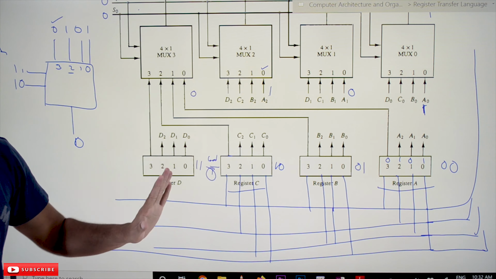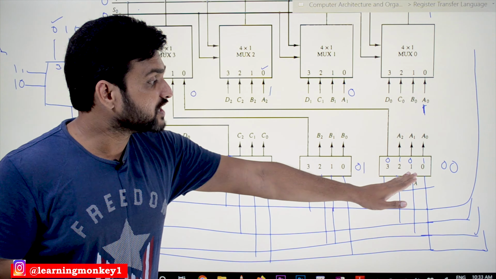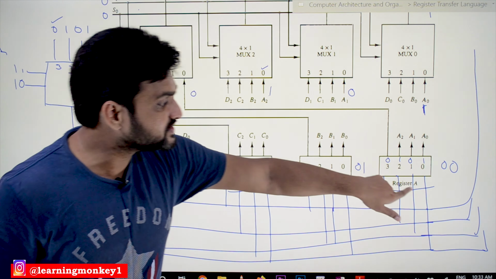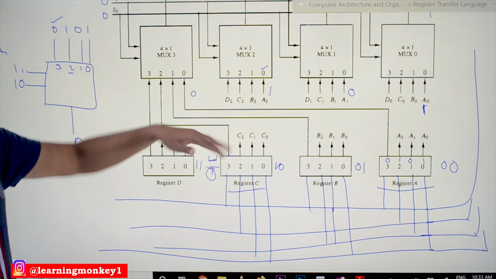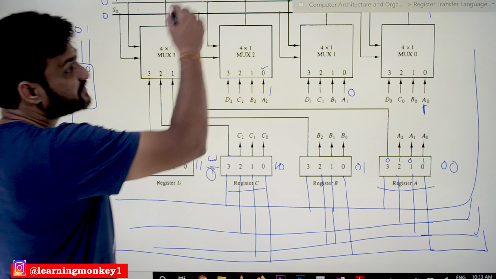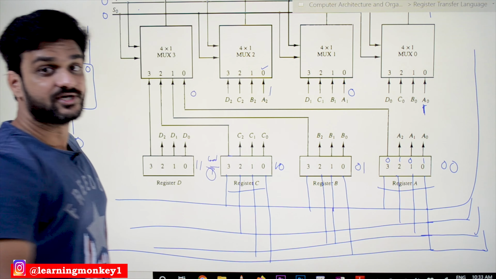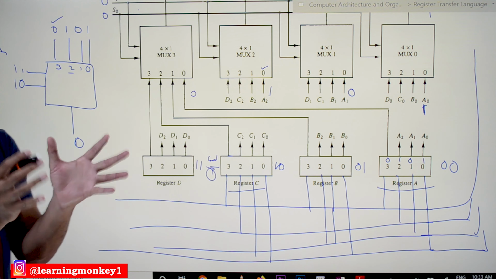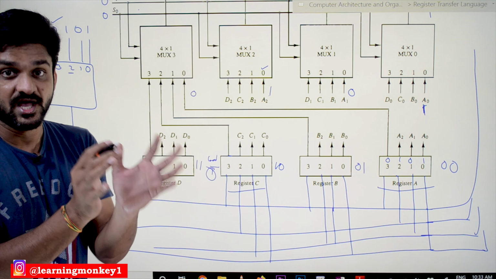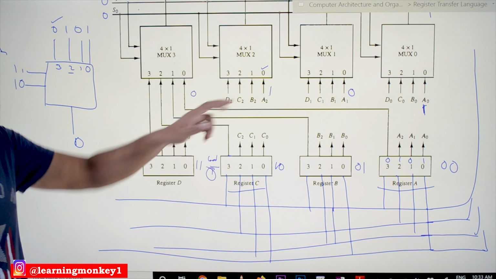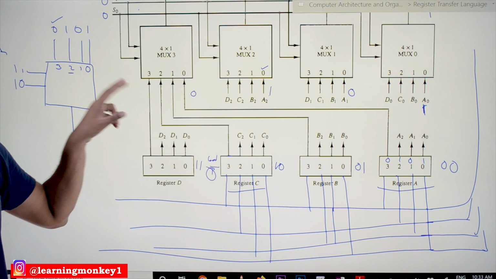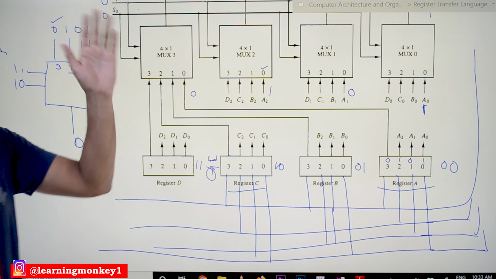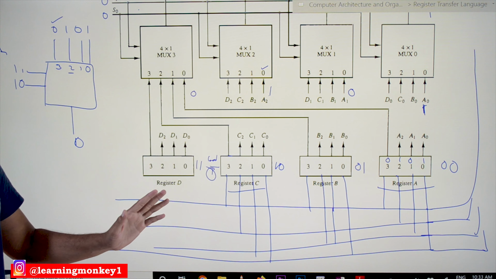Right now at this moment we want to transfer the data in register A to register C. So how the transfer is done is, that is done by using this common bus. So the common bus is one of the ways to achieve the register transfers, memory transfers. Okay, so how the transfers are done is, it is done by using multiplexers. So the logic of multiplexers is used for the transfer of data from one register to another register.